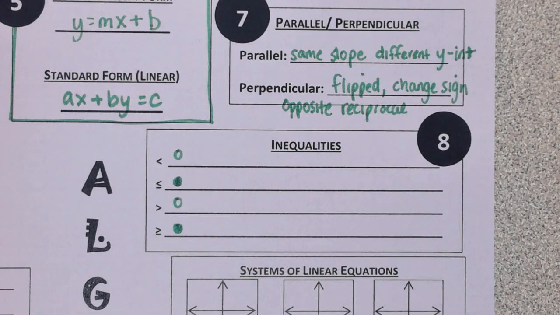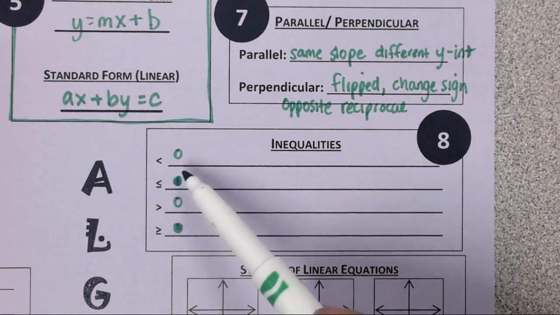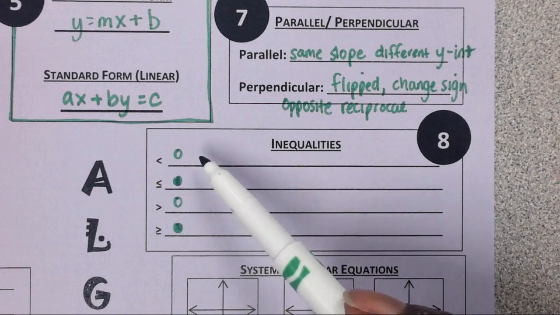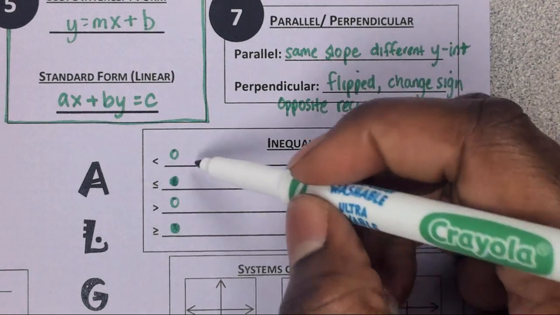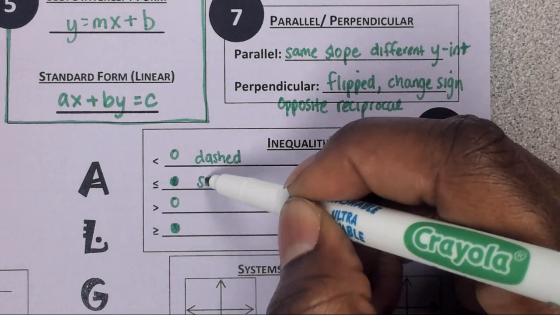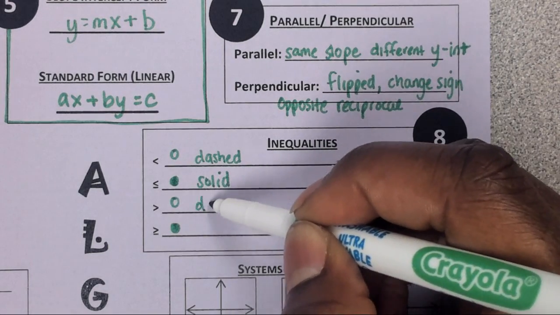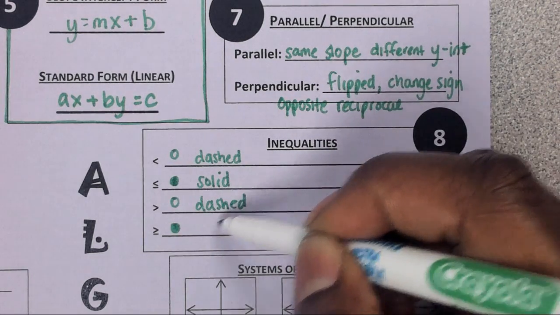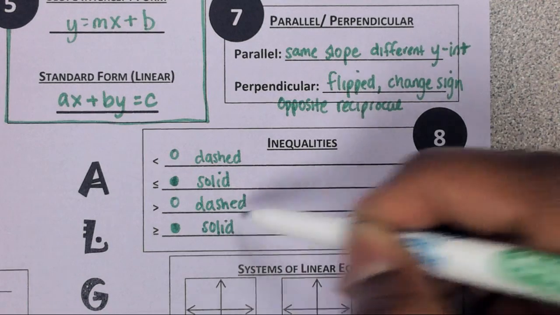All right. So the other thing about these is dashed or solid line. This will be dashed because it's an open circle. This will be solid. This will be dashed. This will be solid.